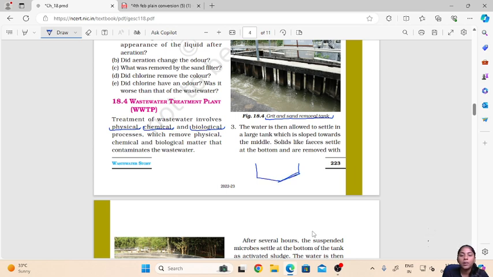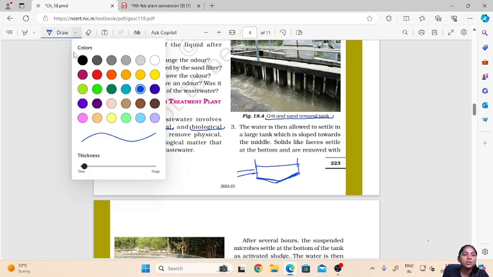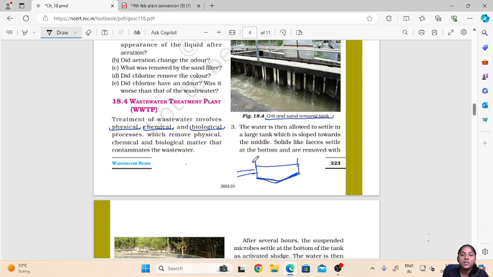In the middle part there will be a slope so that all the solids like feces settle at the bottom. Now this tank will be filled with the water and all the sludge or the solid feces and all will settle here at the bottom middle of the tank.